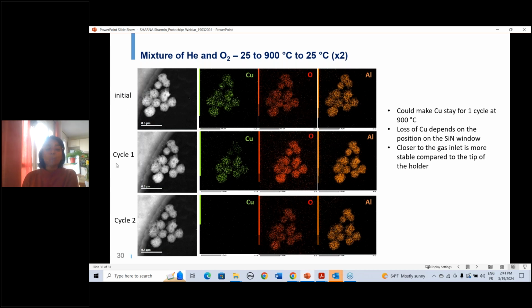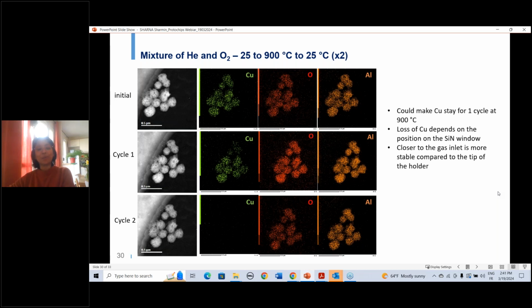After cycle 1, coming back and doing EDS, we see that there is still copper remaining, except in some areas which are depleted, where the copper is gone or less. But in the second cycle, all the copper is gone. So we could eventually make copper stay for 1 cycle under such temperature and gas mixture.